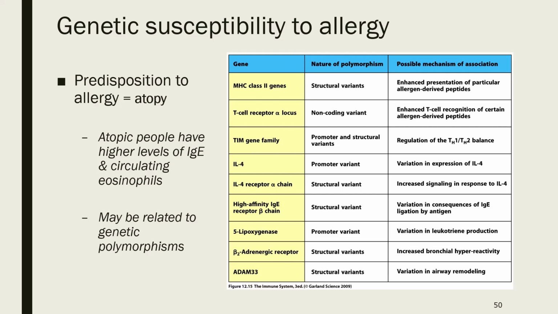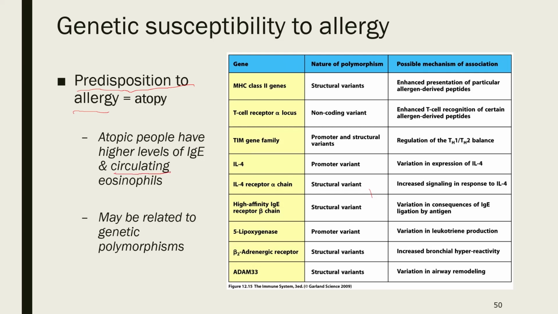And we call those people that are more susceptible, we have this term, atopy. Atopy means they basically have a predisposition to allergy. They are more likely to have allergies than other people. So atopic people, we've seen that they have higher levels of IgE and circulating eosinophils.